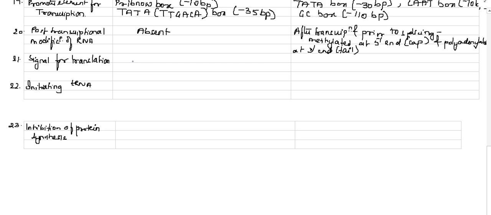In which region will the small subunit of the ribosome bind to mRNA? In prokaryotes, this binding involves a sequence known as the Shine-Dalgarno sequence.